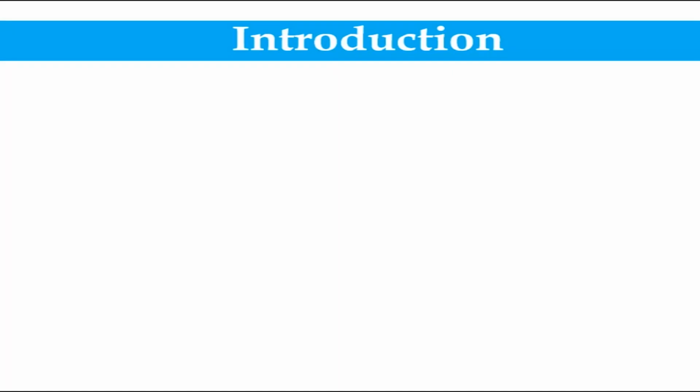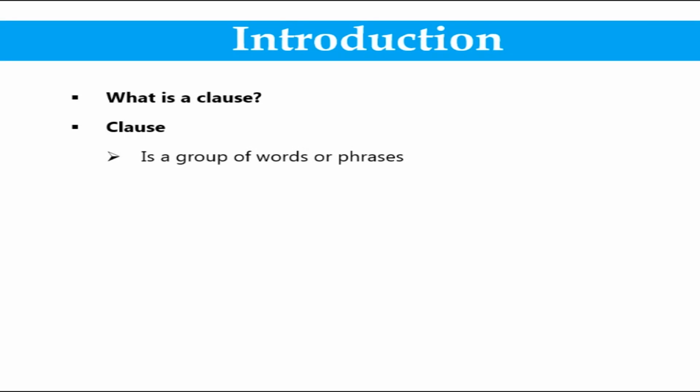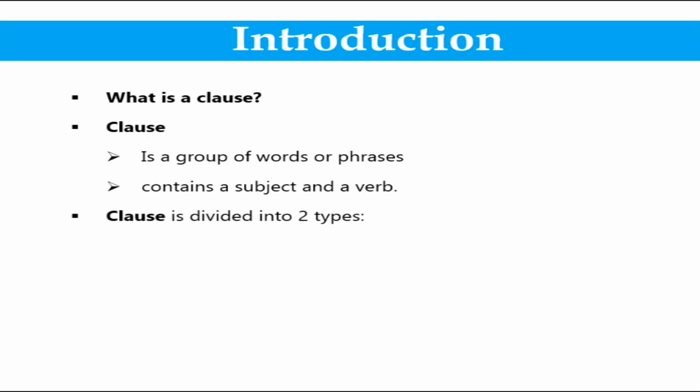For the introduction, I am going to review the lessons about what is clause and the types of clause. So what is a clause? Clause is a group of words or phrases. Clause contains a subject and a verb. Clause is divided into two types.